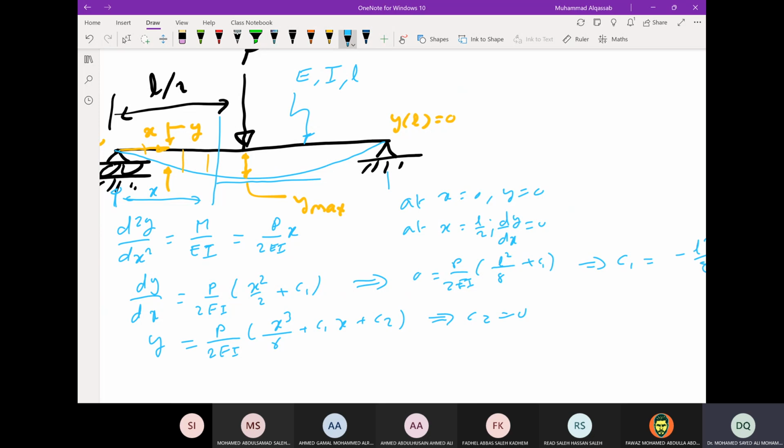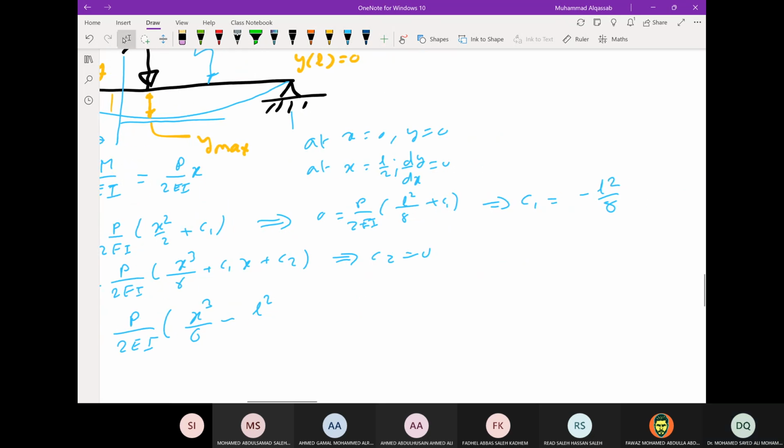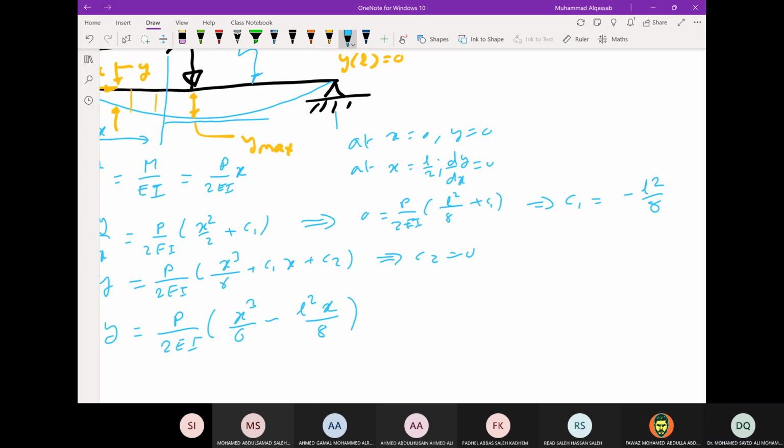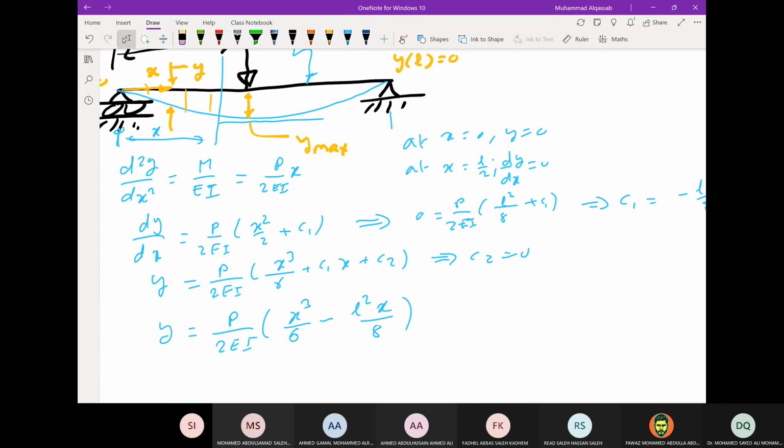Okay, so what you will find at the end, y equal to P over 2EI times x to the power 3 over 6 minus L squared x over 8. Okay.